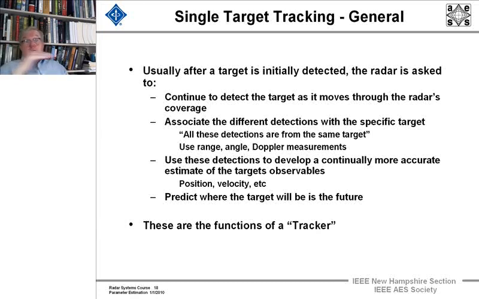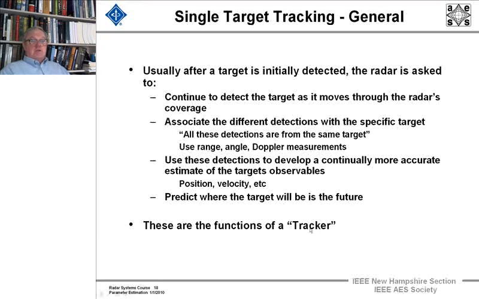Since most targets will be traveling at a constant velocity, or some may be accelerating, you have to take that into account. You want to look in the appropriate box when you do your association on the next scan. So the prediction of where the target is going to be in the future is an important calculation.